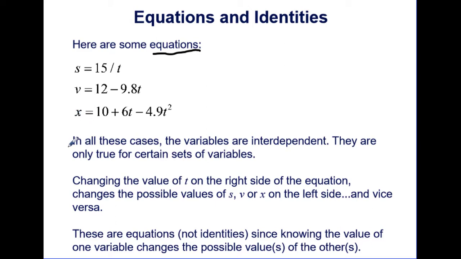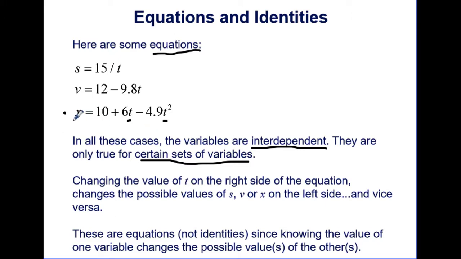In all of these cases, the variables are interdependent. They are only true for certain sets of values of the variables, not all values. So let's look at this last equation. x equals 10 plus 6t minus 4.9t squared. Changing the value of t on the right side of the equation changes the possible values of s, v, or x on the left.